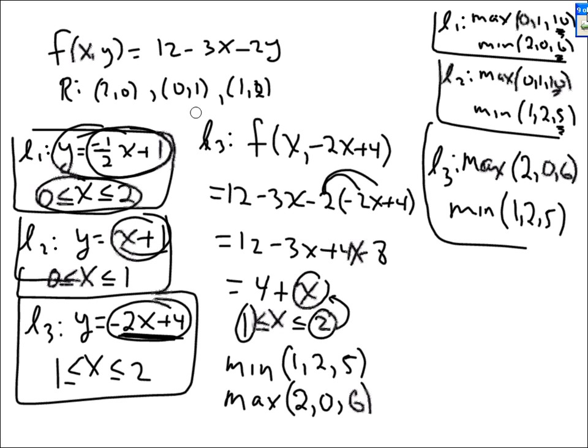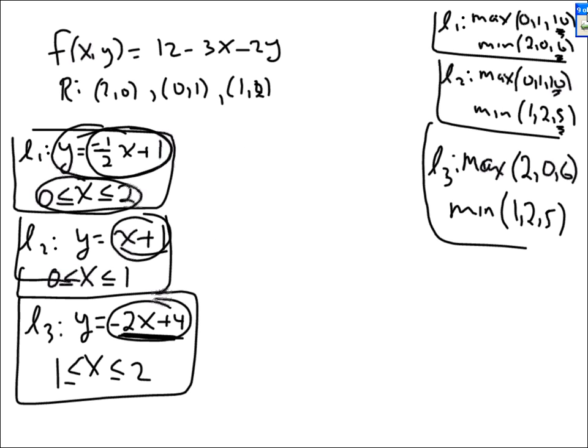Now we're ready to put this all together. I don't think this is a hard problem at all, but it took a while. The min is 5, the min is 5, the min is 5, okay?